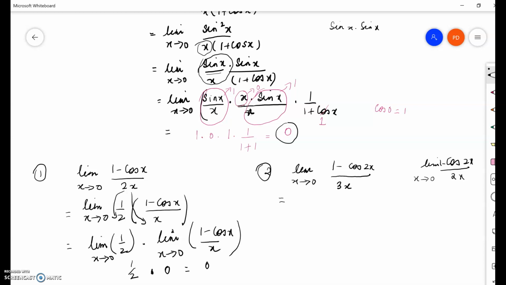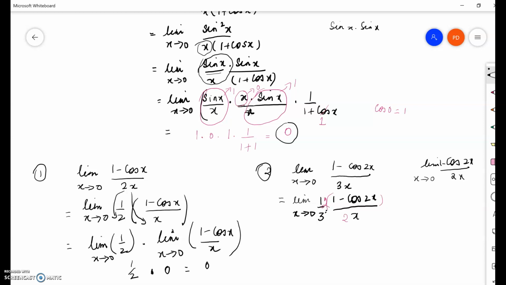So now limit as x approaches 0 of 1 minus cosine of 2x. I have a 3. I'm going to move that away from the expression. So 3x is really 3 times x. So I keep that separate. And then I have an x. But in order to use the theorem, I need a 2 here. So I multiply and divide with a 2.